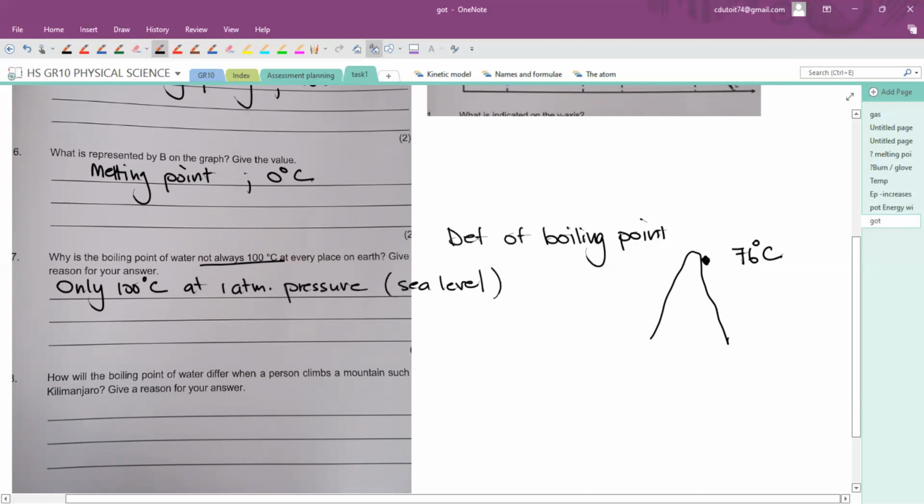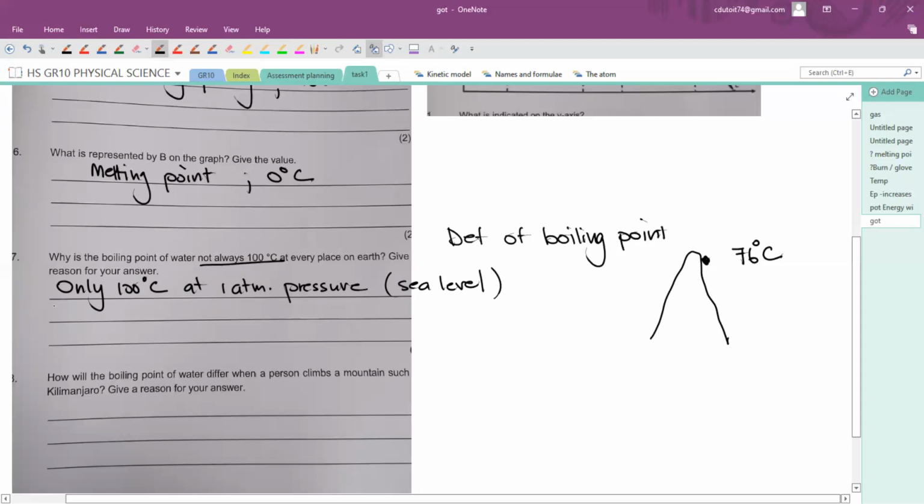In Gauteng? Yes. The temperature of boiling water is slightly under 100 degrees Celsius in Gauteng. I'm in Cape Town, so it's 100 degrees here. I'm on sea level. So the boiling point of water is only 100 degrees Celsius at 1 atmosphere pressure or sea level.